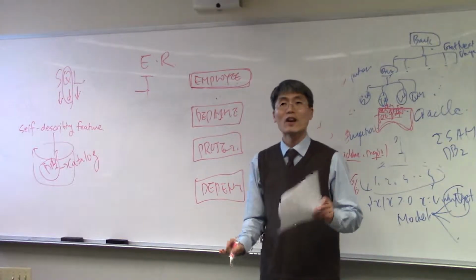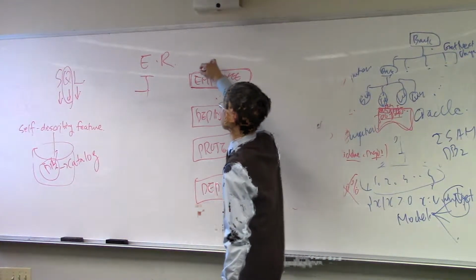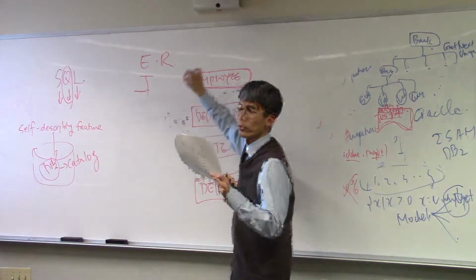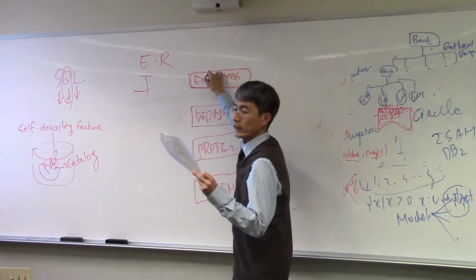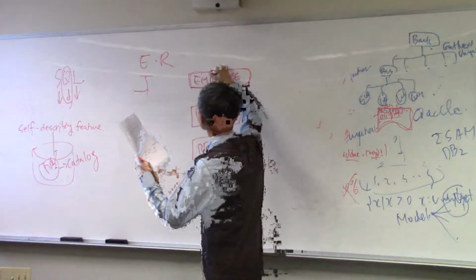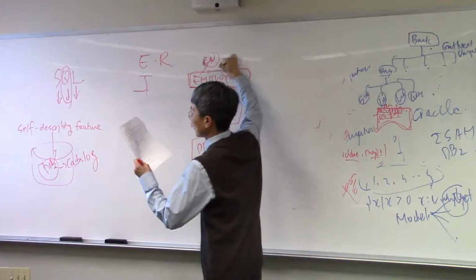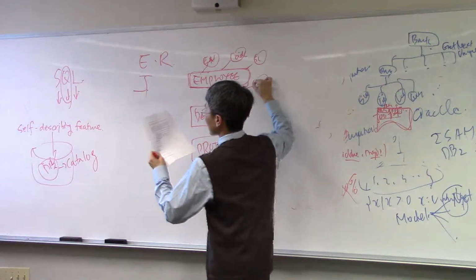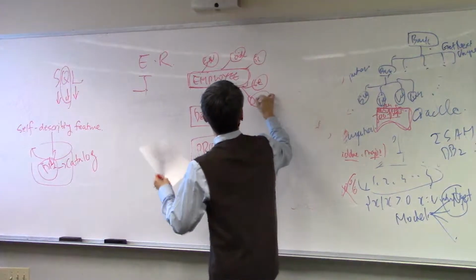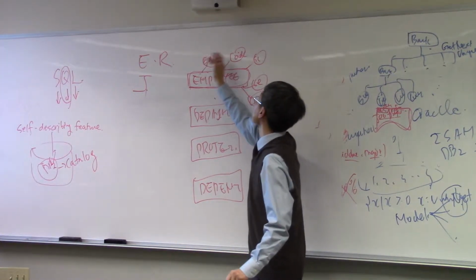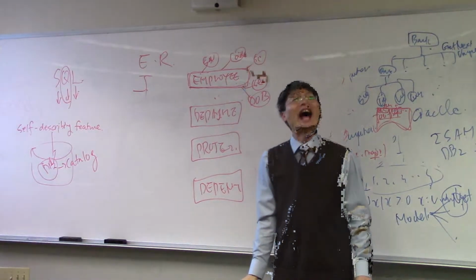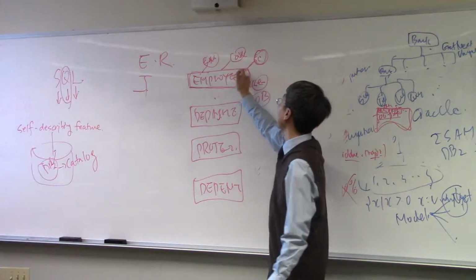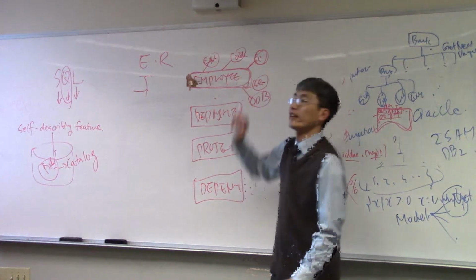One more thing, the last thing. For each entity, to explain the employee, what kind of information is related to this employee? We store each employee's social security number, address, salary, sex, and birthday. If you can find such information, that is called an attribute. For an attribute, you draw a circle, then connect it to the relevant entity.